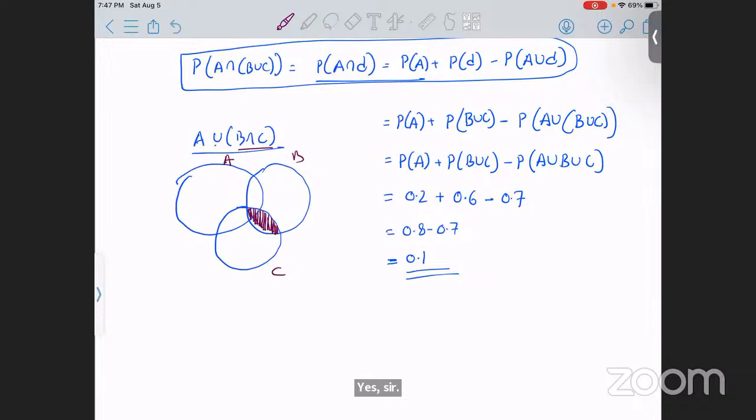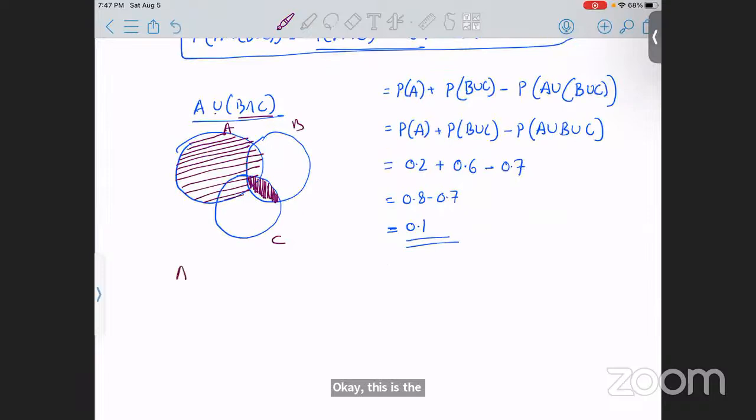And A union B intersection C. So A union B intersection C, something like this.